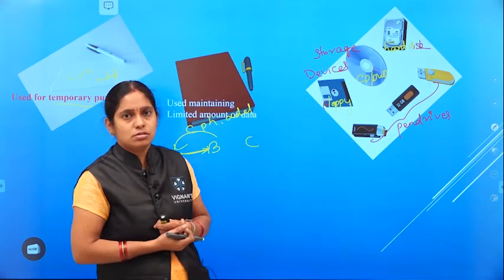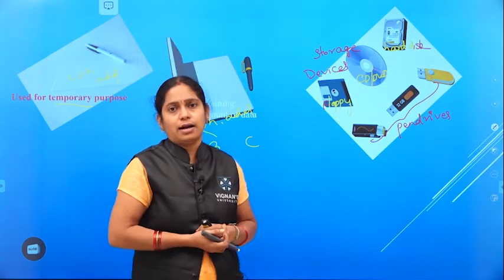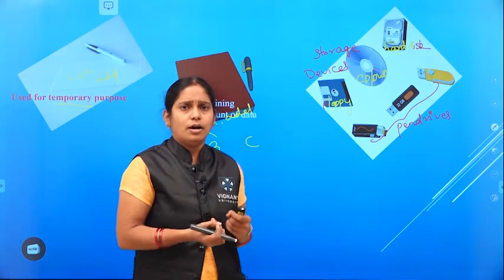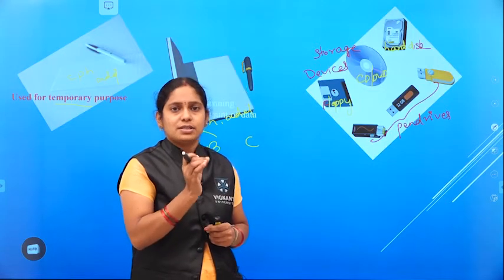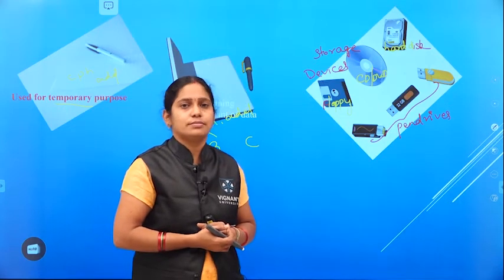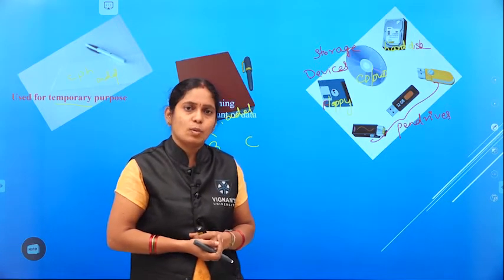Suppose, take a banking sector. Take a simple one, college, okay, discuss the banking sector. How many customers are there for a single branch? Not a bank, a branch. Thousands of customers. What do they maintain? They maintain the account details of each customer.